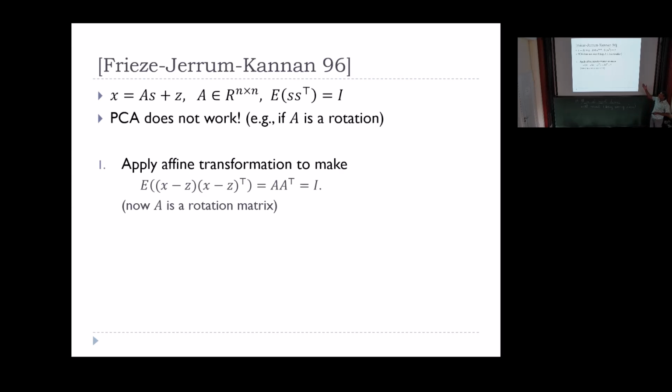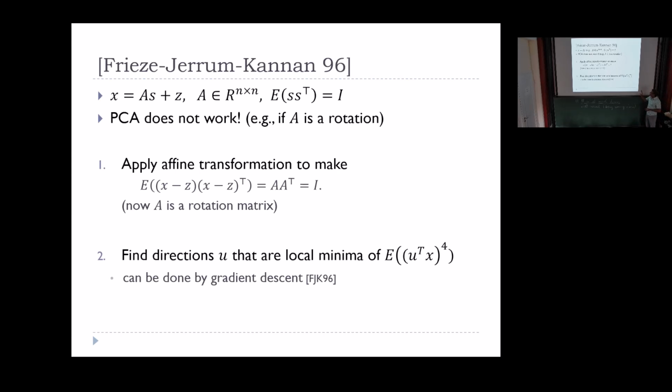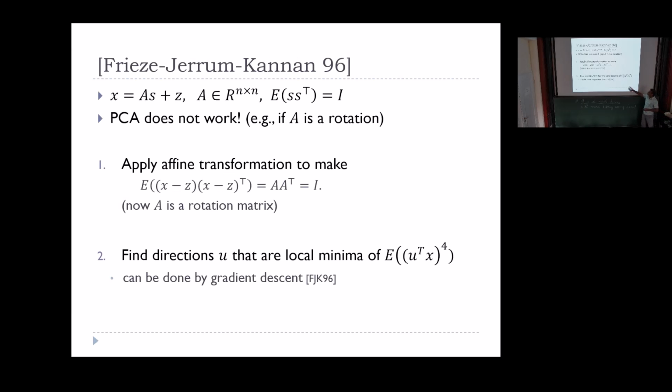So now you can assume that your unknown transformation A is a rotation matrix, an orthonormal matrix. Then, this is the main trick, let's find directions U that are local minima of the fourth moment. Forget about algorithmically how, just find fourth moment minimizing directions. They do this just by some gradient descent, some very local algorithm. In general, this is a hard problem, but for this setting, it turns out you can do it efficiently.